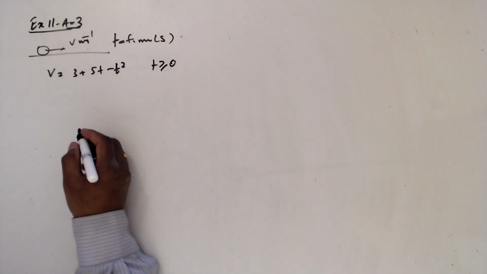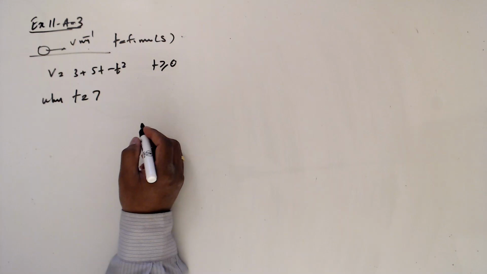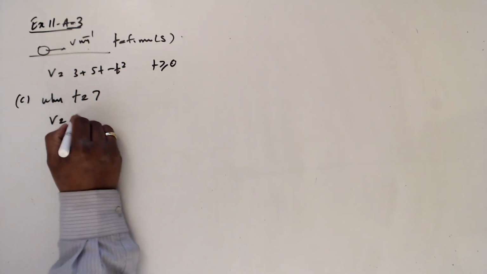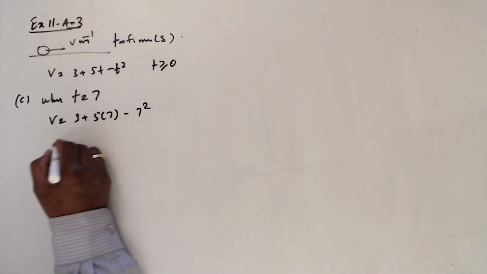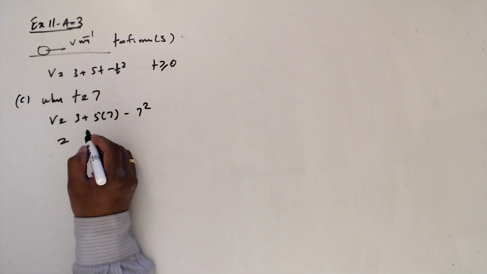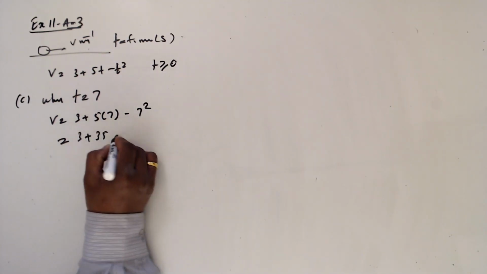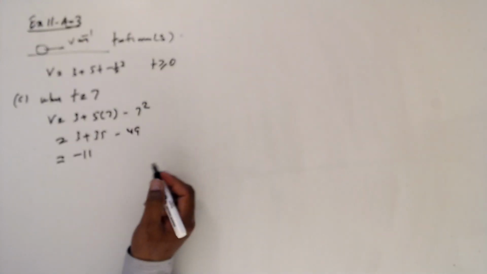For part C, we need to find v when t equals 7: v equals 3 plus 5 times 7 minus 7 square. This gives 3 plus 35 minus 49, which is minus 11.